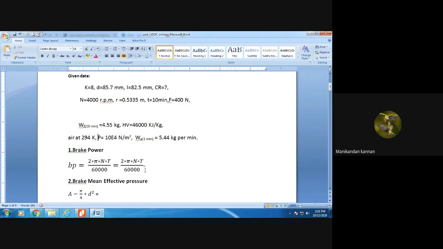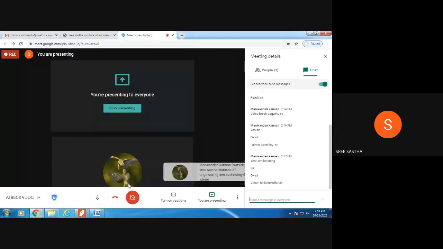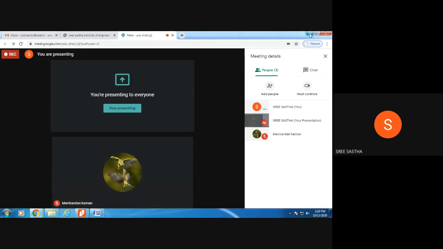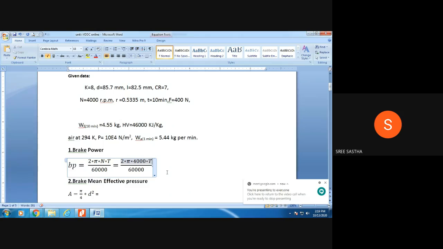So now what I'm going to do is, instead of N, I'm going to type the value. N is nothing but 4000 RPM. Okay. Engine torque. How to find the torque? So N I am putting 4000.